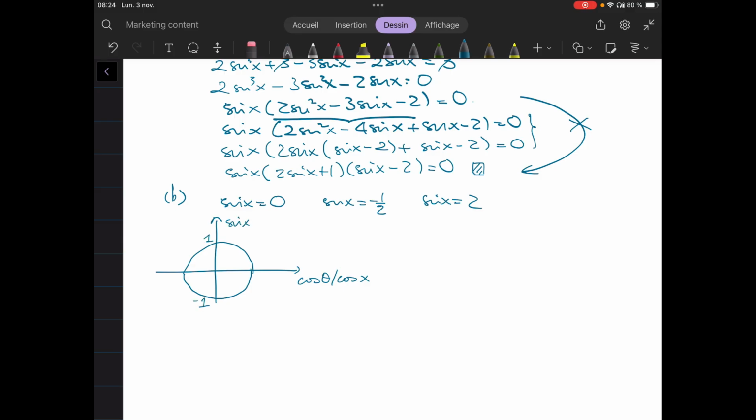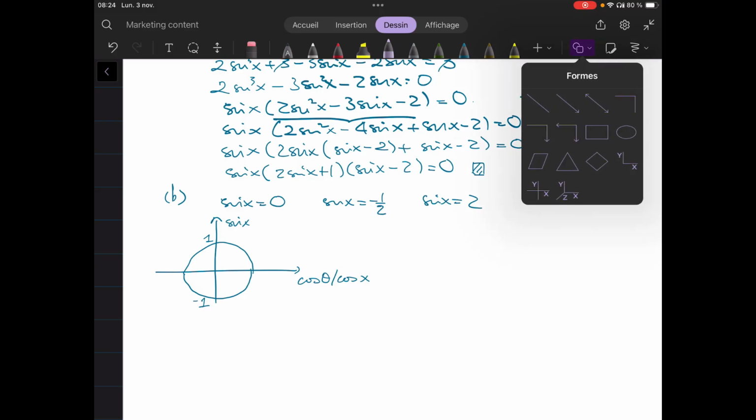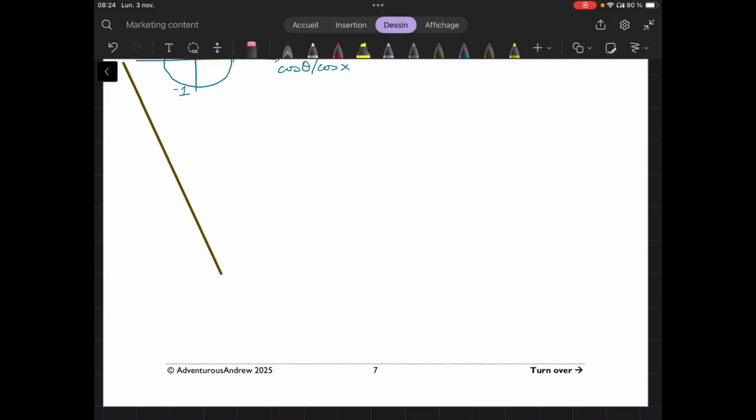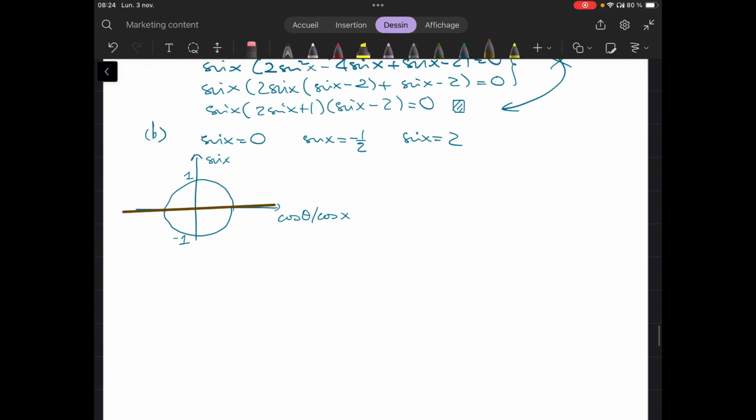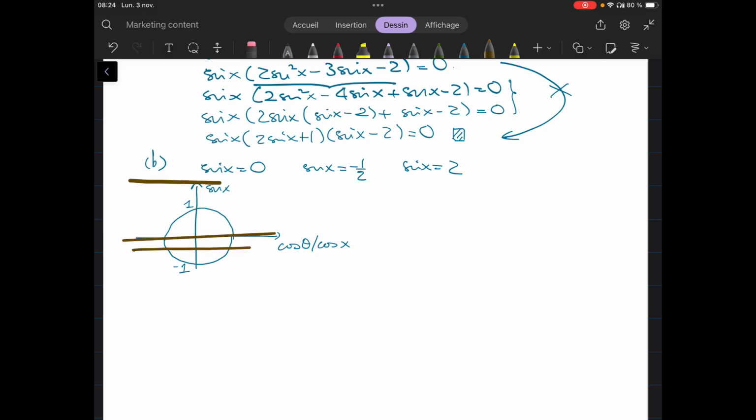We want to solve the equations. Sine of x equals 0. Sine of x equals negative a half. Sine of x is equal to 2. The number of solutions is the number of times the lines intersect the unit circle.